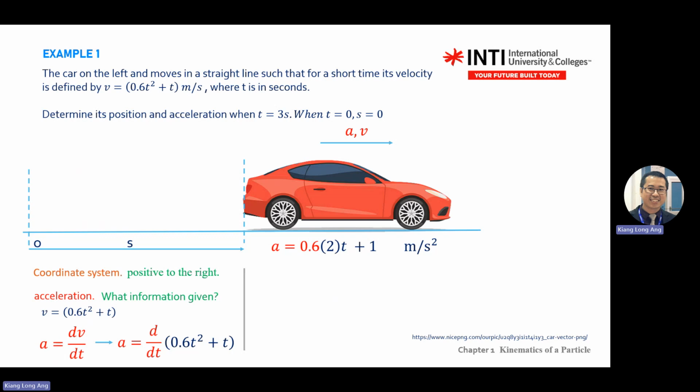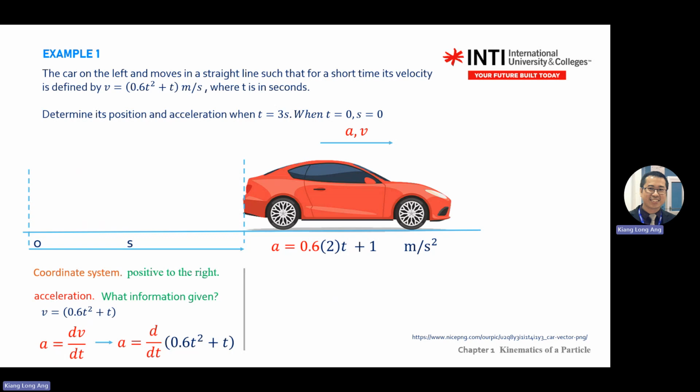T, you differentiate t power 1. The general equation for differentiation, for y equal to x power n, for example, dy dx, you pull the n in front, then x power n minus 1.